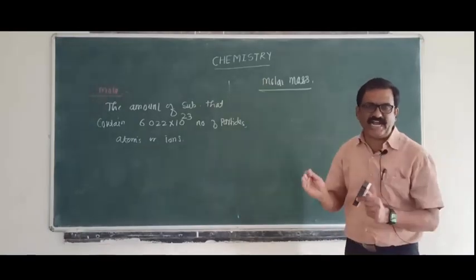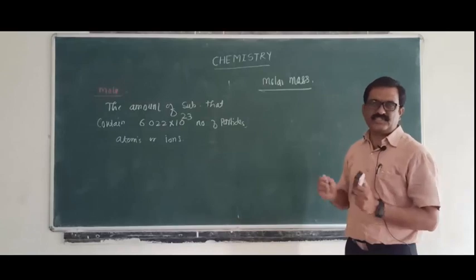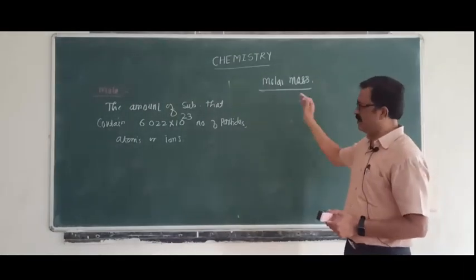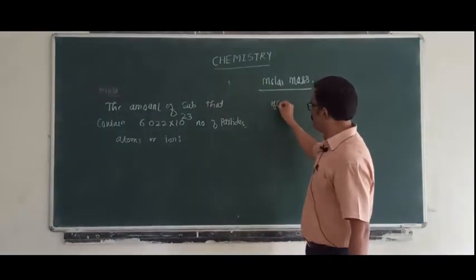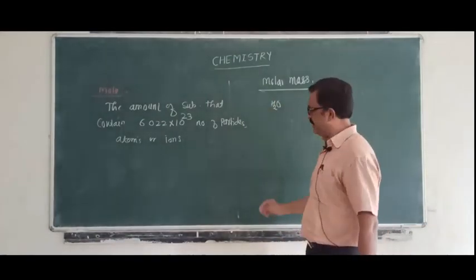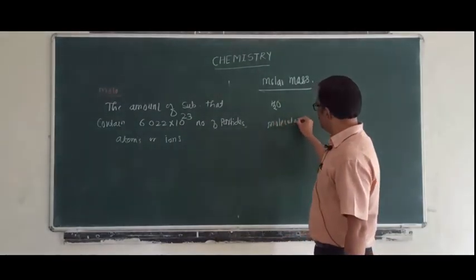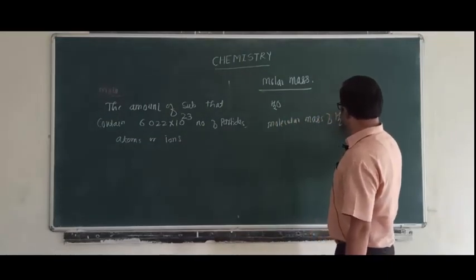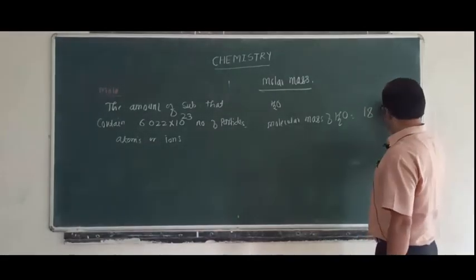For polyatomic molecules, the sum of average atomic masses gives molar mass. We can consider the example of water molecules again, H2O. Here, the molecular mass of H2O, water, is equal to 18 atomic mass units.